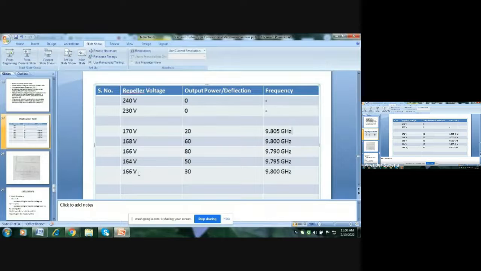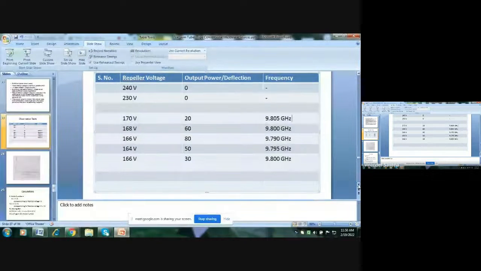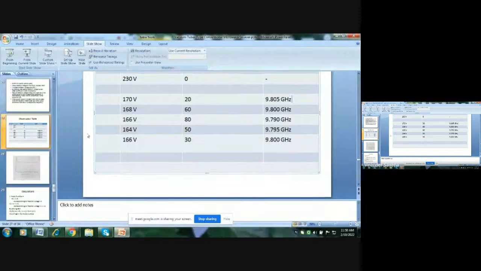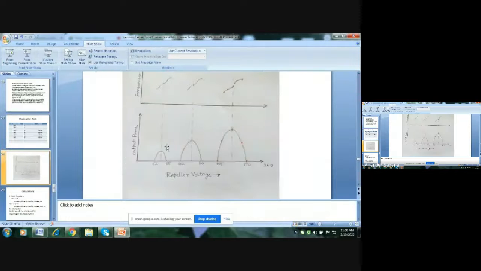And after 166 volt, if we reduce the reflecting voltage, the power once again reduces to 0. And then from 170 to suppose 158, we are getting power output like this. And then from 158 to 110, again the power is 0 because the interaction is not in our favorable mode.